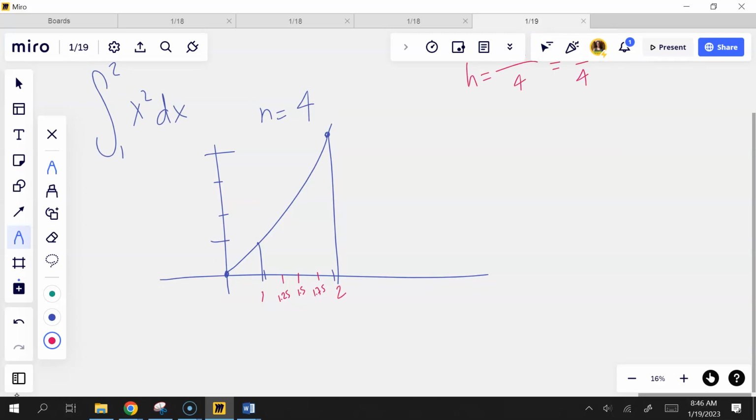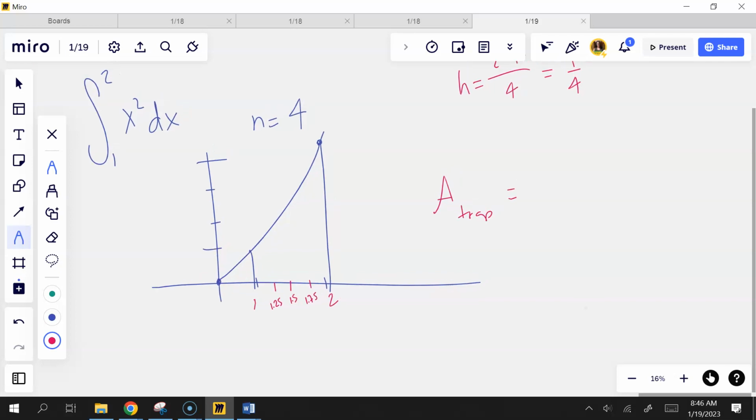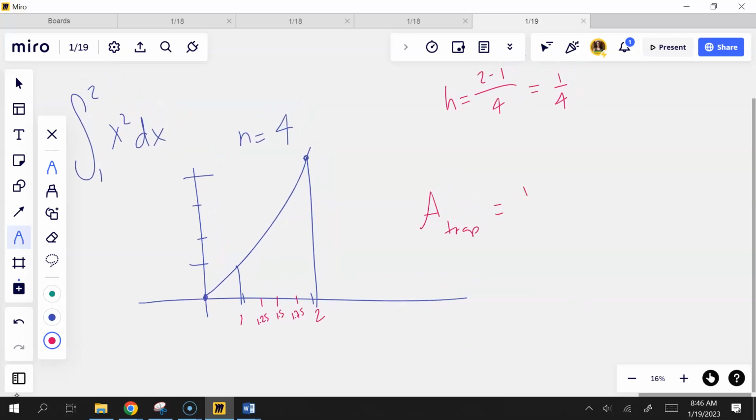So now to find the area using that trapezoid rule, I'm going to do h over 2, and what's my h? 1/4. So 1/4, I'm going to multiply by a half since it's a fraction instead of dividing by 2. And then times, now here's where I need to find each and every one of these points, right?